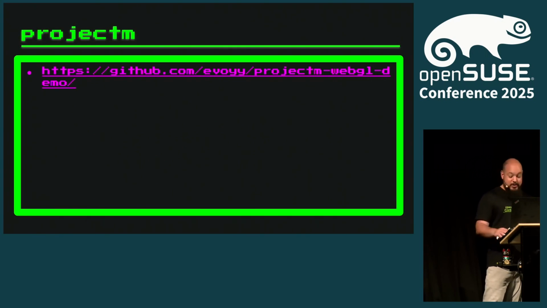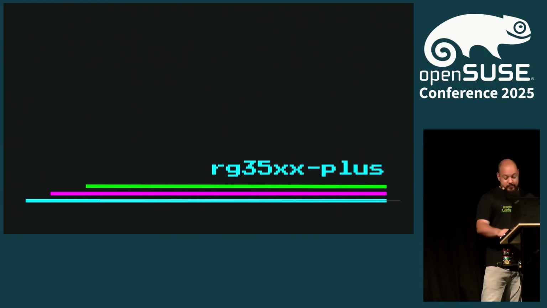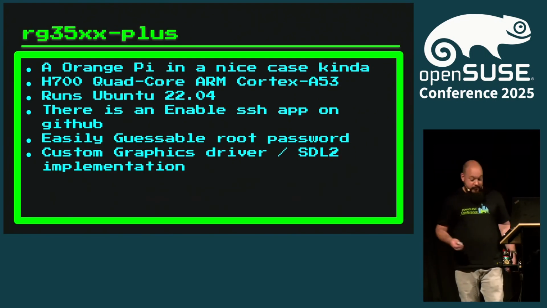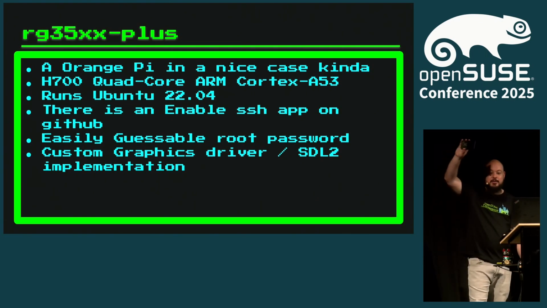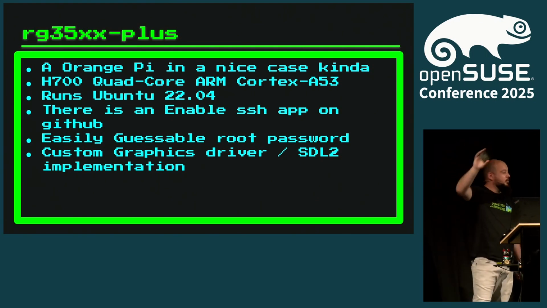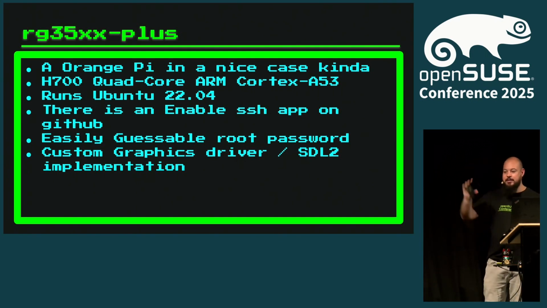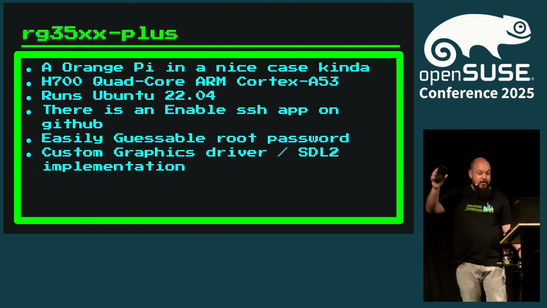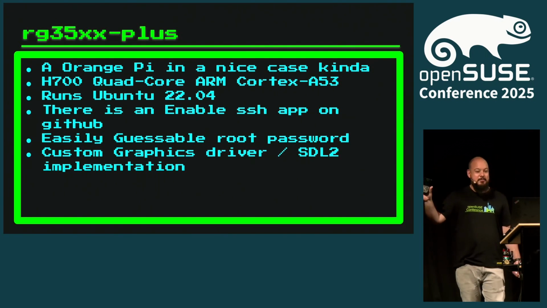And here is a link to Project M, and the other part of the talk. Originally I was going to give this talk about this and porting trackers to this, but that was a bit less fun. I would encourage you, these things are great. There is an app on GitHub which will give you SSH access. They use the default user and password for a Raspberry Pi.